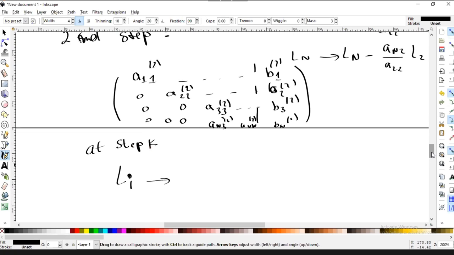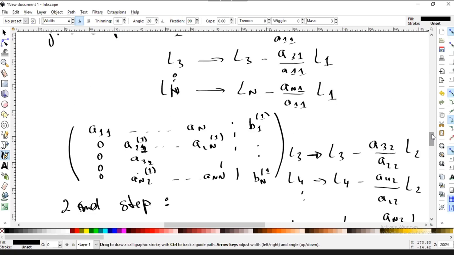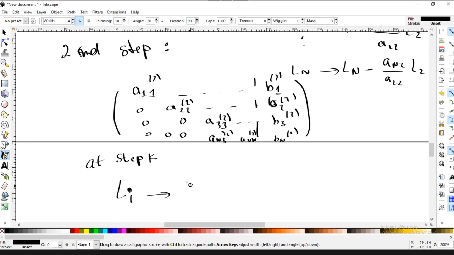The line Li is the line Li at step k minus 1, the previous line.